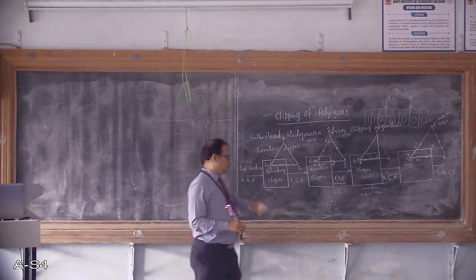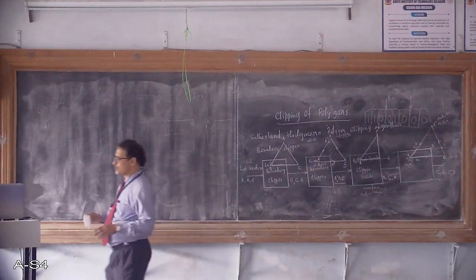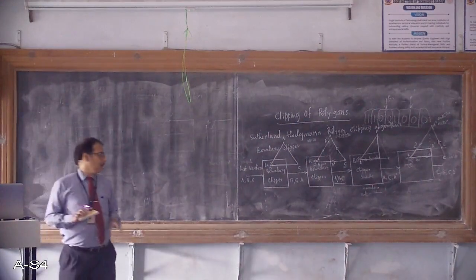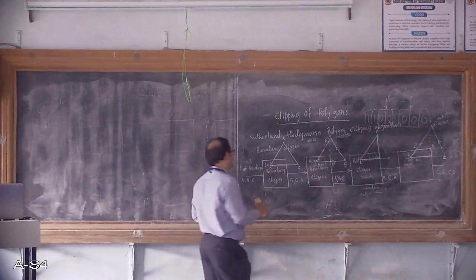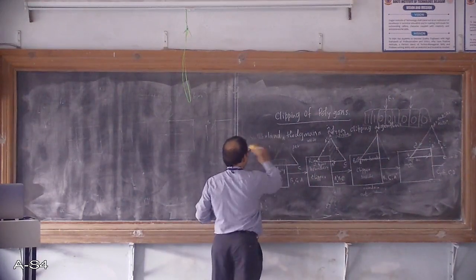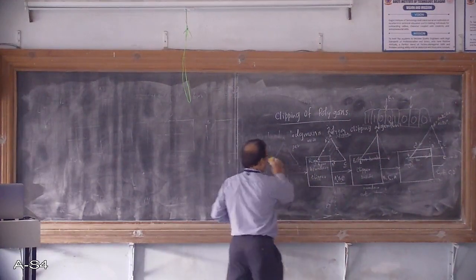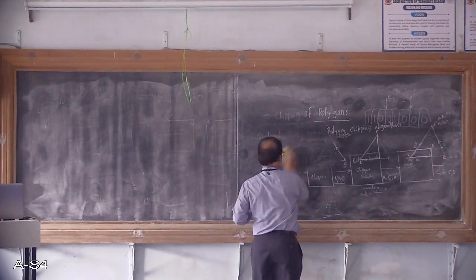So this particular example shows how a polygon can be clipped using the Sutherland-Hogman polygon clipping algorithm.